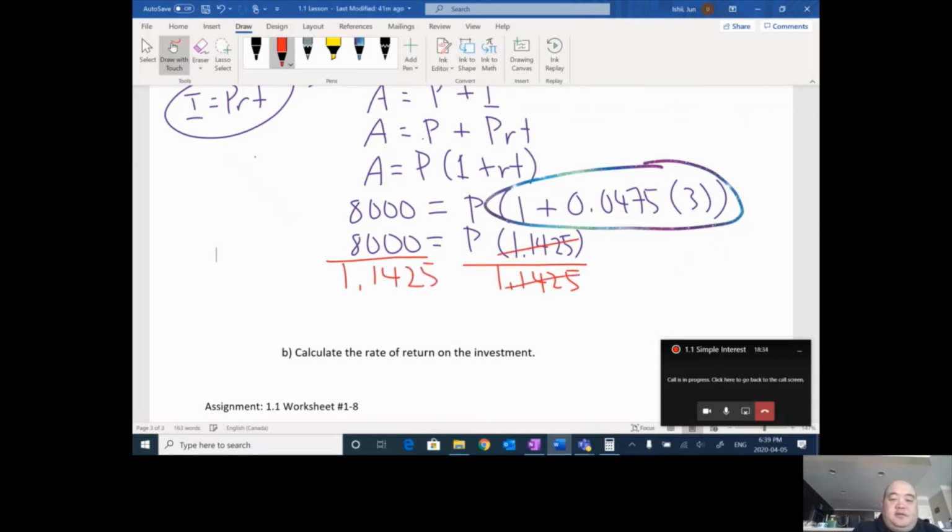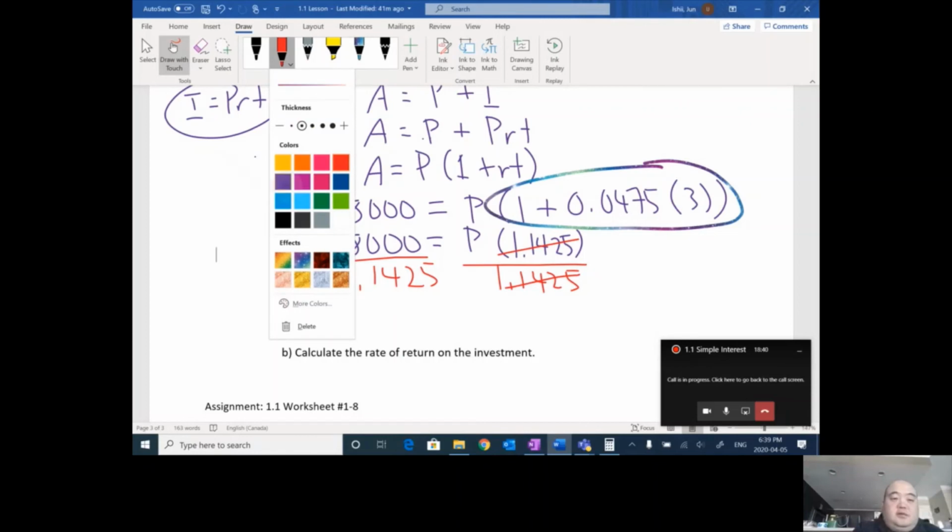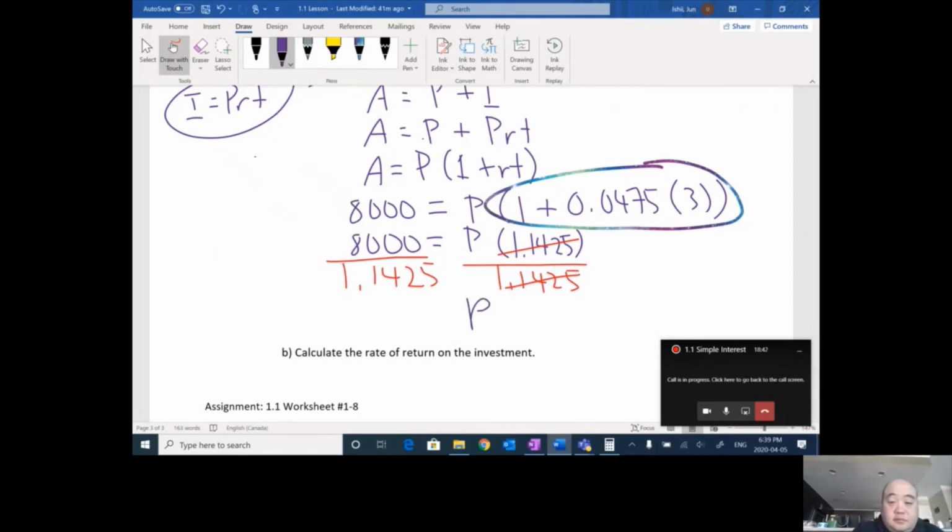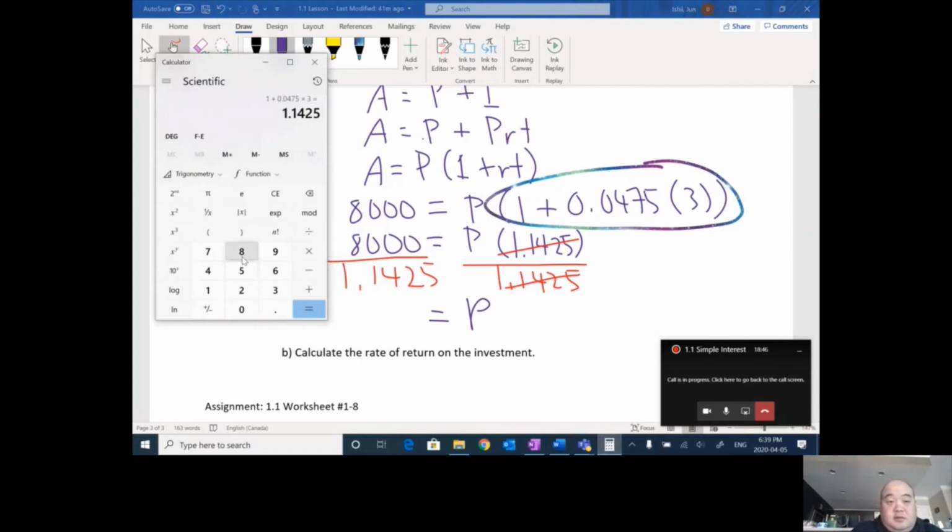This cancels with this, and as a result, P is going to equal 8,000 divided by 1.1425, so we have $7,002.19.